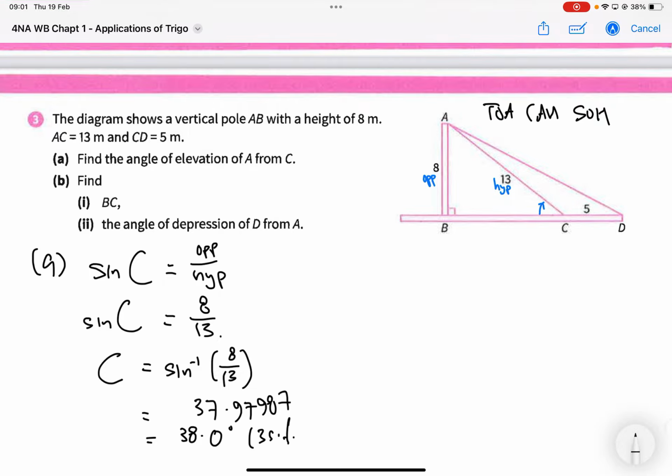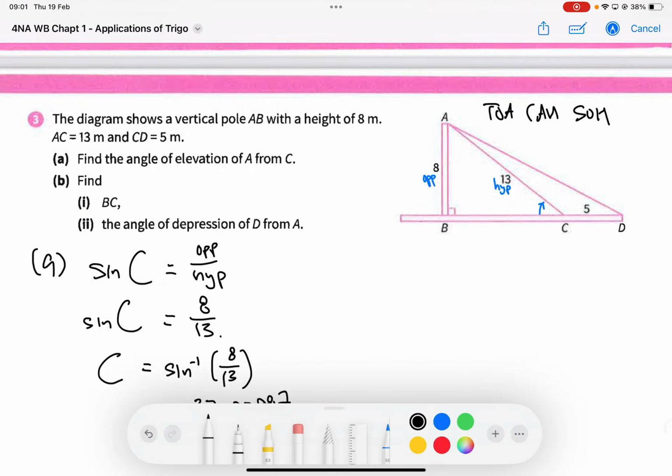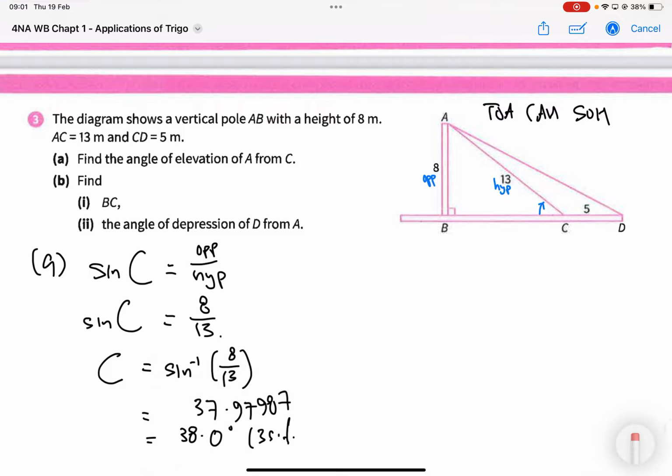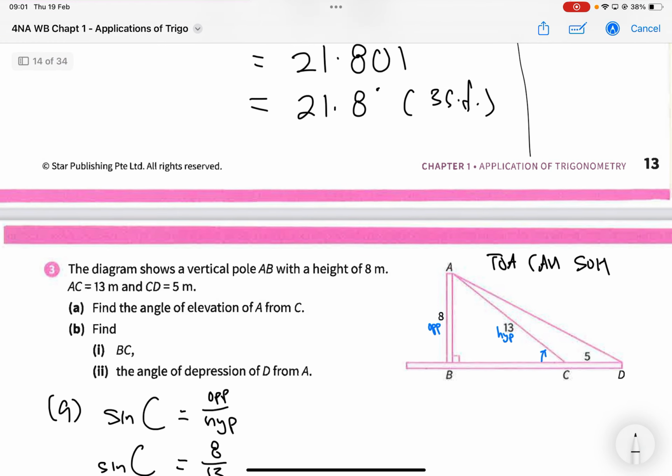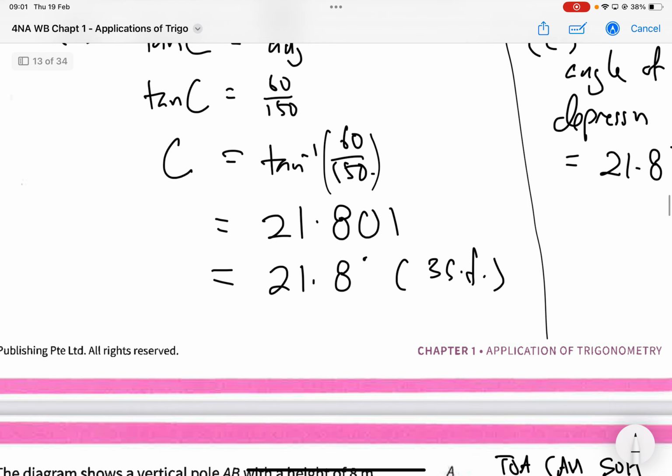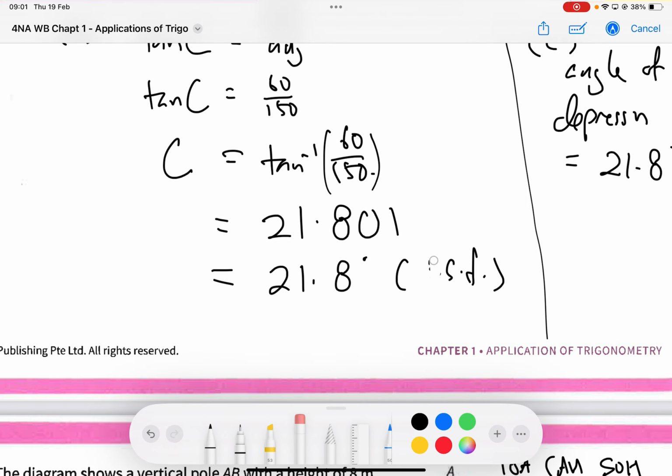Sorry, for angles, we give to 1 decimal point. 1 dp, not 3sf. Here also, it should be 1 dp, not 3sf.